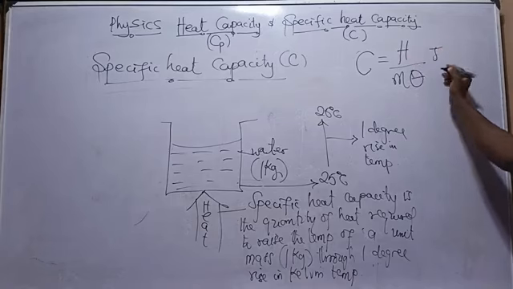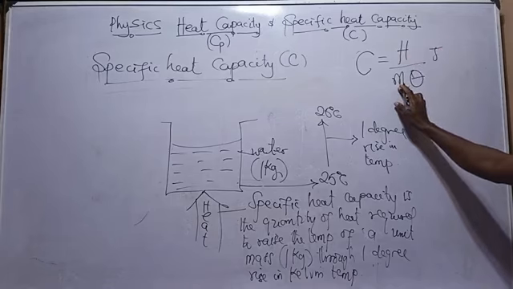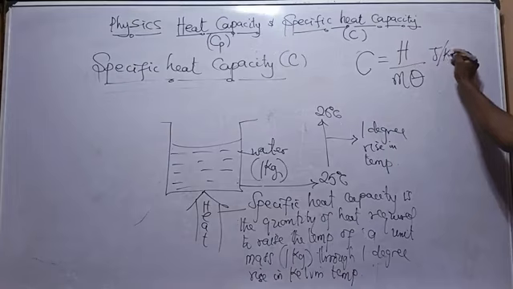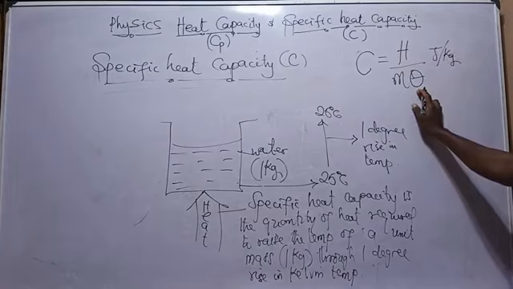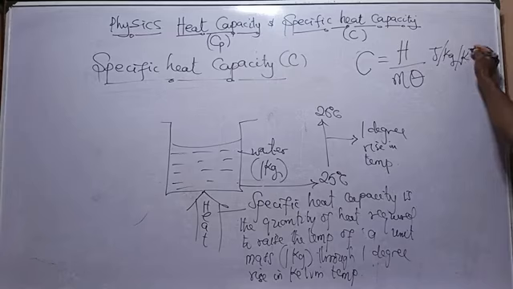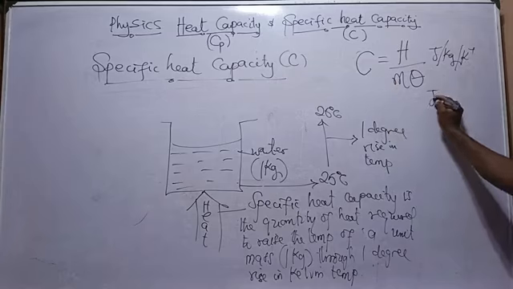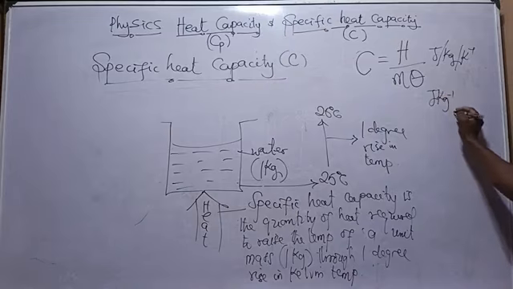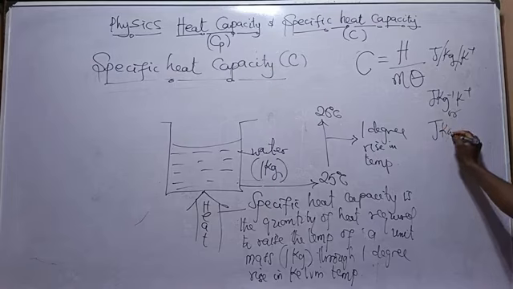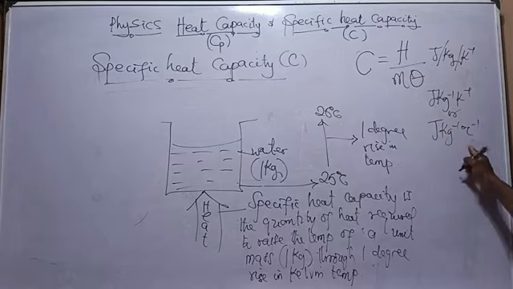Heat is measured in joule, mass is measured in kilogram, so per kilogram. Temperature is measured in Kelvin, per Kelvin. So in that case, the unit of specific heat capacity becomes joule per kilogram per Kelvin, or joule per kilogram per Celsius. So any of them could go.